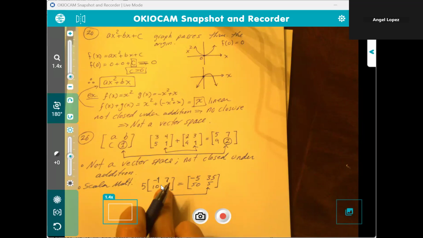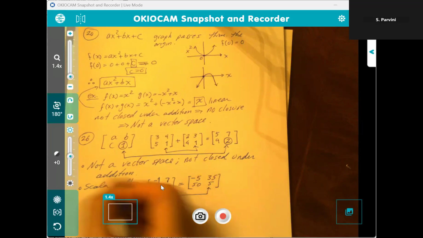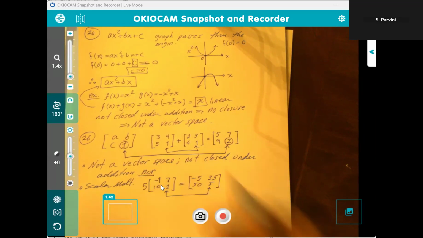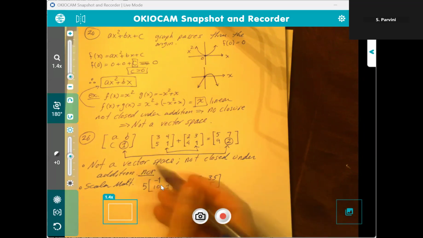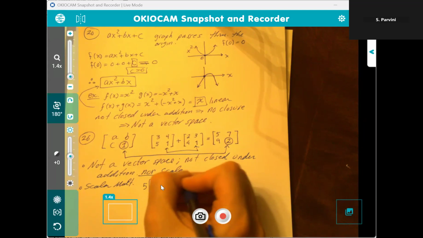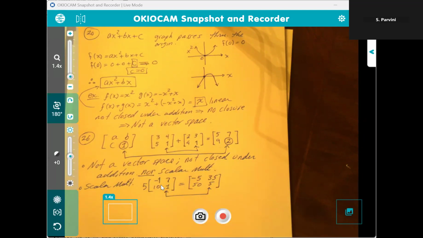Also no. So not a vector space. It's not closed under addition, nor scalar multiplication, and all it needs to fail is one or the other, but what we just showed is neither of them works. All it takes is one of them not working. So if somebody just did that, you're good. And there you have that one.